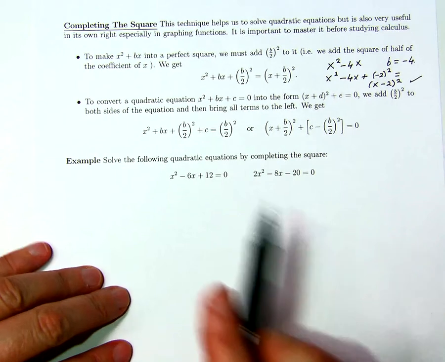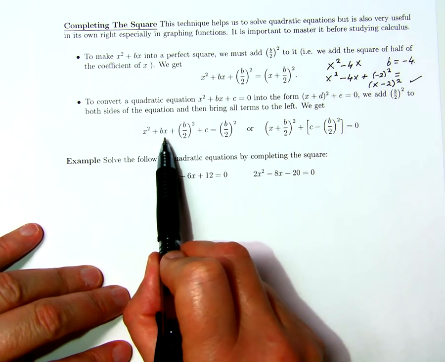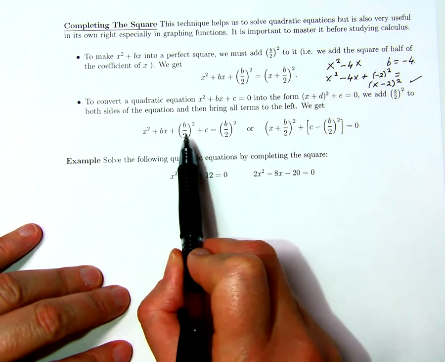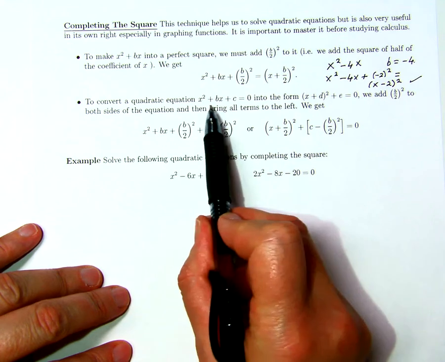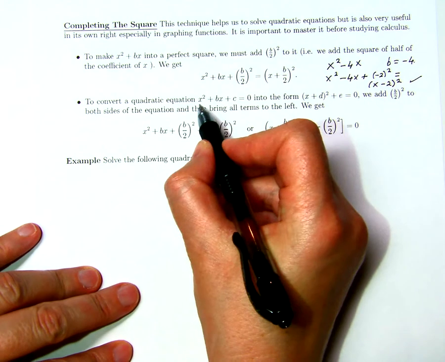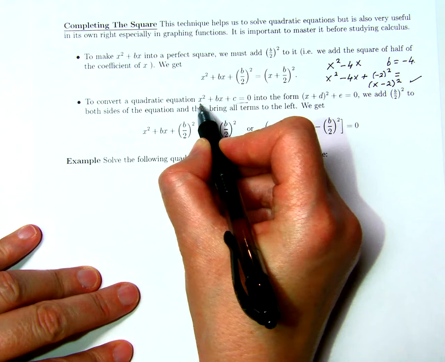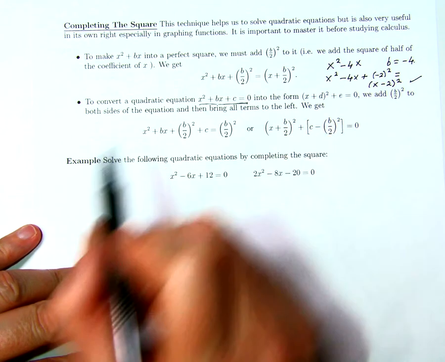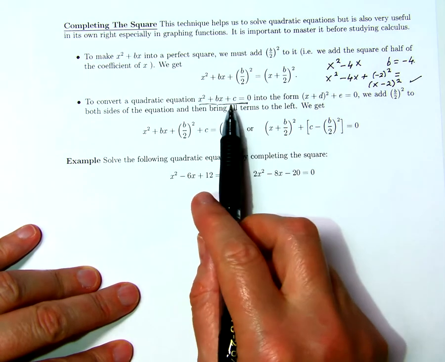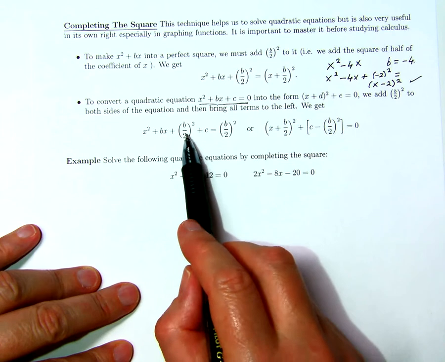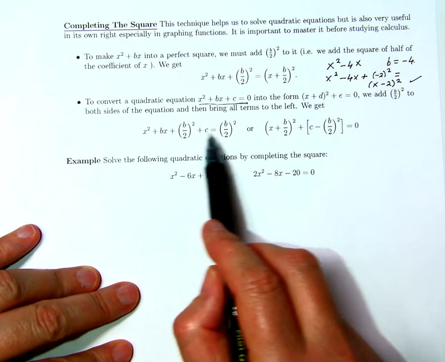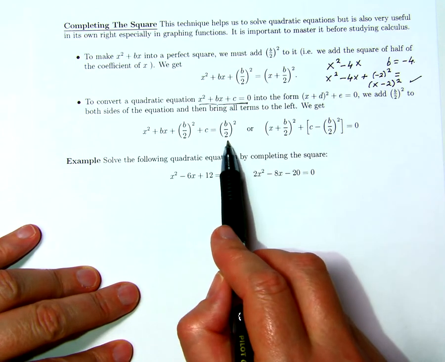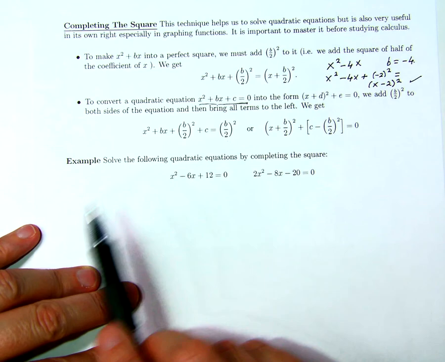So we can use this trick to convert a quadratic equation into something of this form, a simple quadratic equation. How do I use this? Well, I take half of the coefficient of x, square it, and add it to both sides of my quadratic equation. You must remember a quadratic equation is an equation, so to preserve equality, if I add something to the left, I must add the same thing to the right.